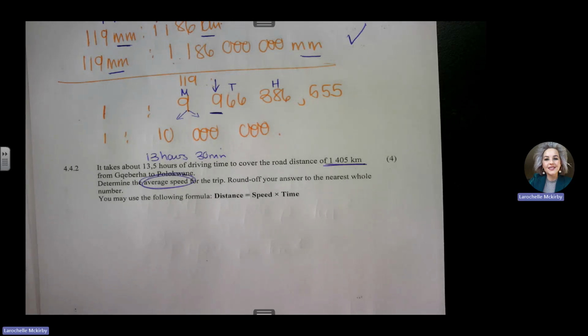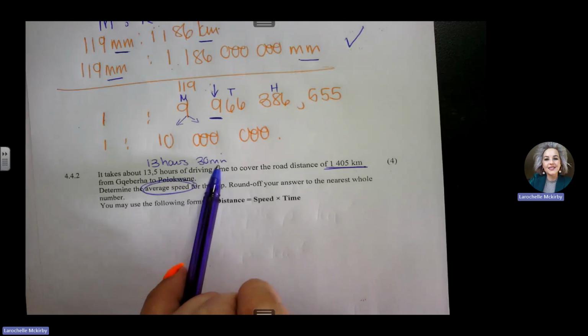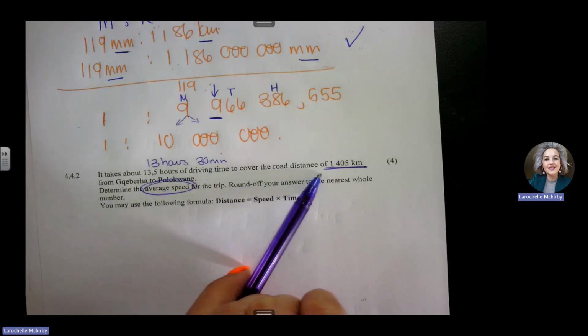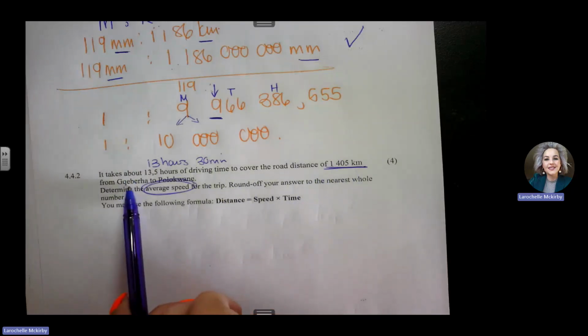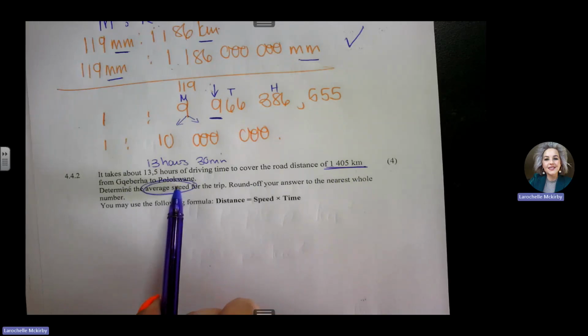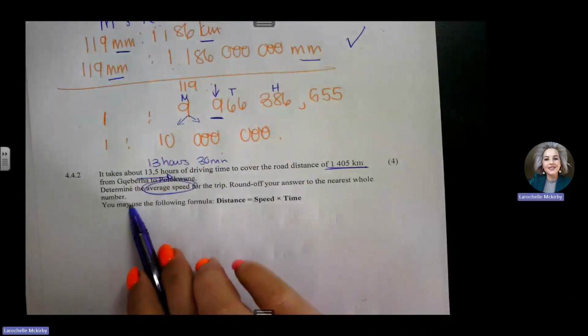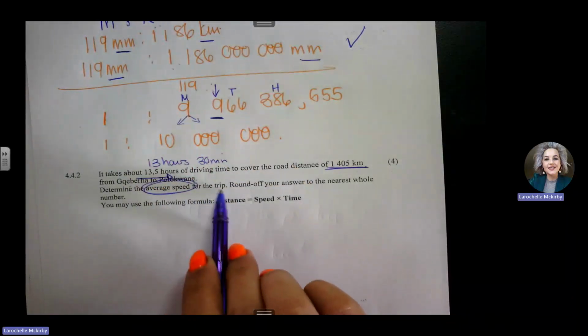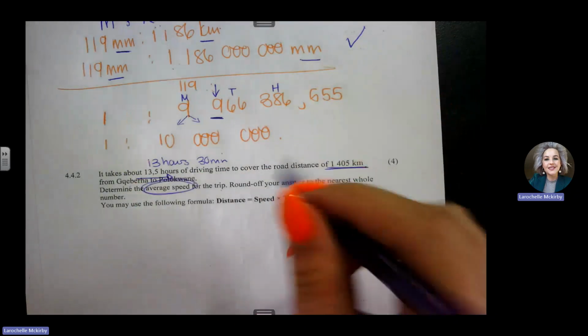Now, let me just look at this question again. It takes about 13 hours and 30 minutes to cover the road distance of 1,405 kilometers from Gqeberha to Polokwane. So this is one way, right? Determine the average speed of the trip. Oh, okay. So just the one trip.